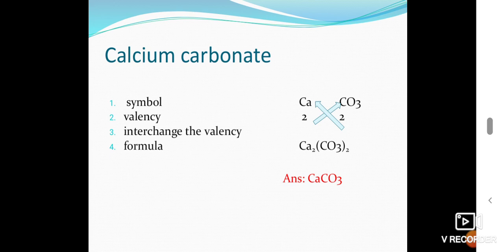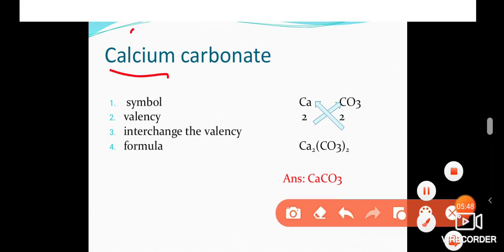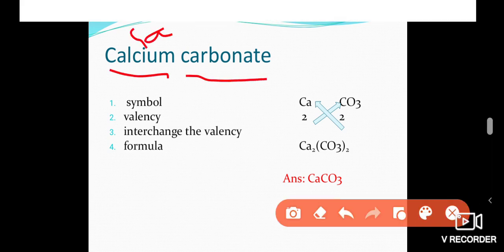And next, calcium carbonate. What is the symbol for calcium? Ca, isn't it? What is the symbol for carbonate? Carbonate is a polyatomic ion, that means CO3 2 minus. Calcium is Ca 2 plus, CO3 is CO3 2 minus. Now the valency. The valency of Ca 2 plus is 2.